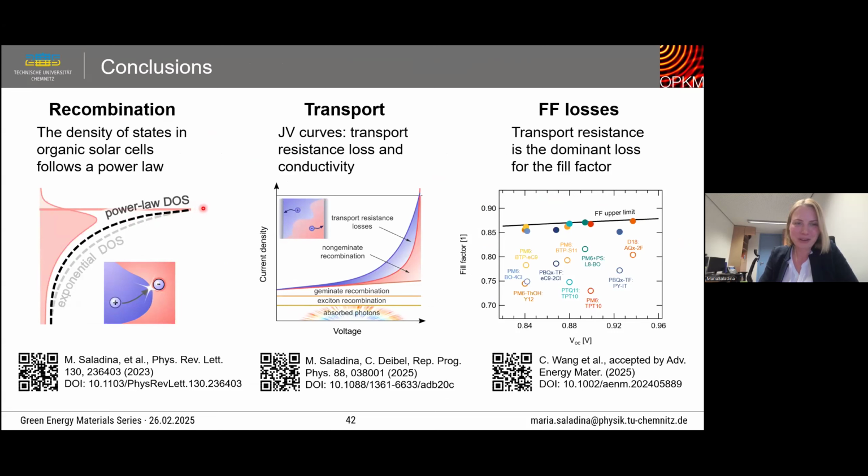And I hope to see more and more research on this topic. It's really exciting. I showed you also how to quantify transport resistance losses and how to extract conductivity from the JV data. And finally, by using this data, we could show that transport resistance losses dominate fill factor losses.